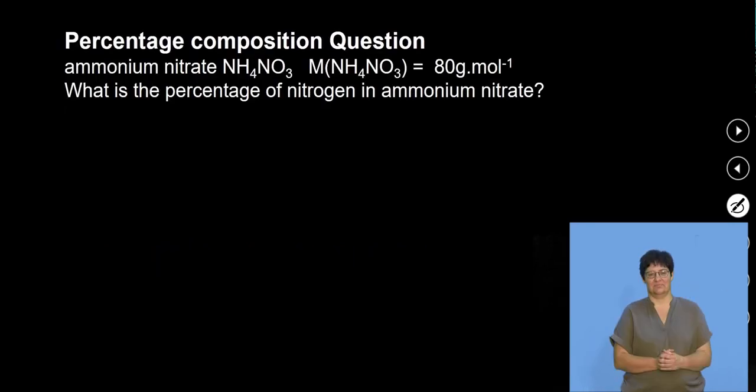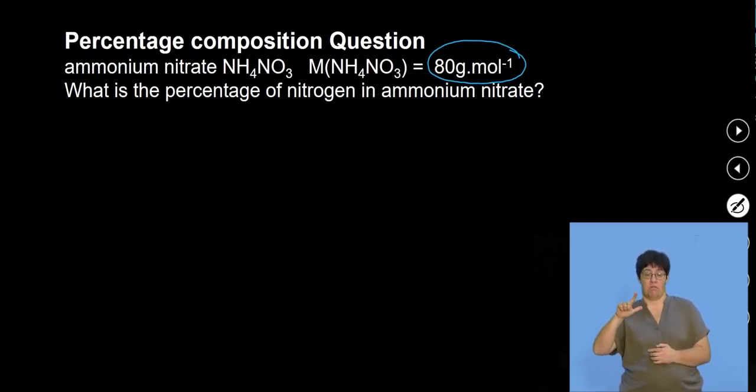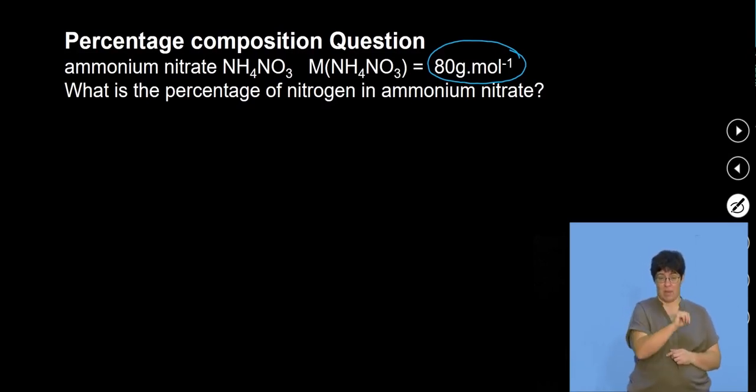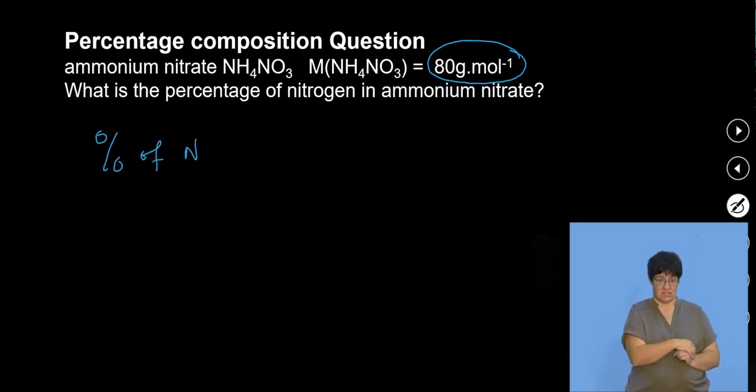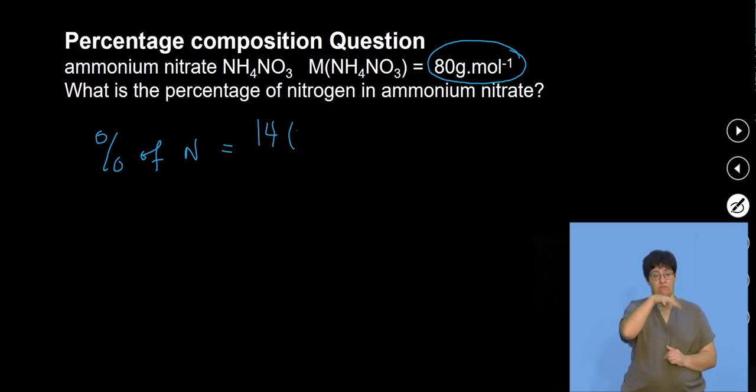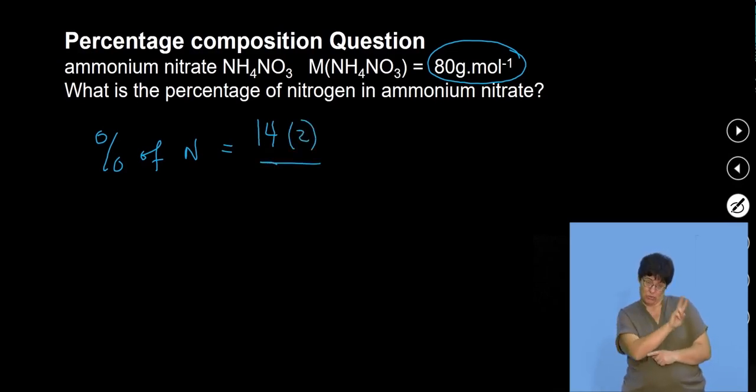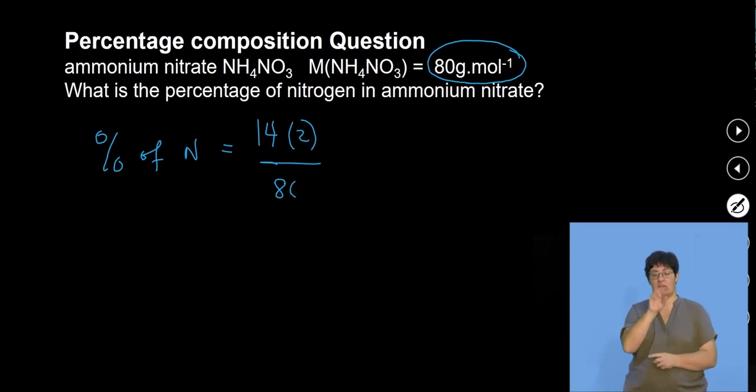Now in this compound, we know that the molar mass is 80 grams per mole. In this molecular formula, there are 2 atoms of nitrogen, each of which has 14. So the percentage of nitrogen is 14 multiplied by 2, because there are 2 of them, divided by the total, 80 grams per mole, multiplied by 100.